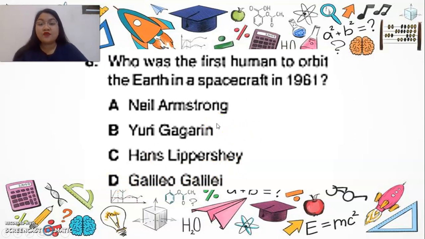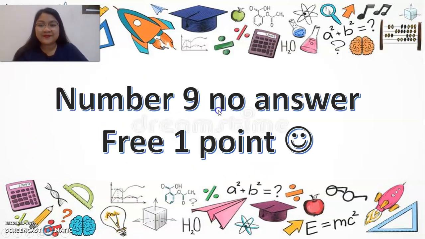So again, who is that Russian astronaut that we have talked about, the first human to orbit Earth? Three, two, one. The correct answer is, very good, Yuri Gagarin.